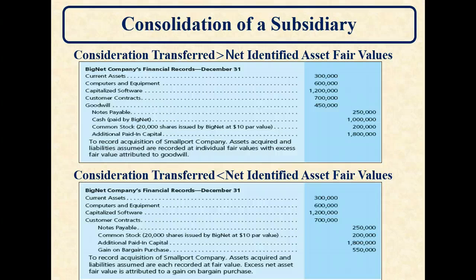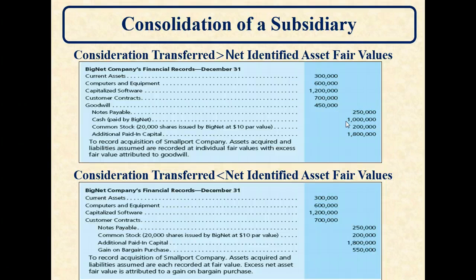But what if the consideration we paid is greater than the assets' fair value? So if you look here, we show that we purchased this small port company. We purchased it for $2 million in stock plus $1 million in cash. Okay?